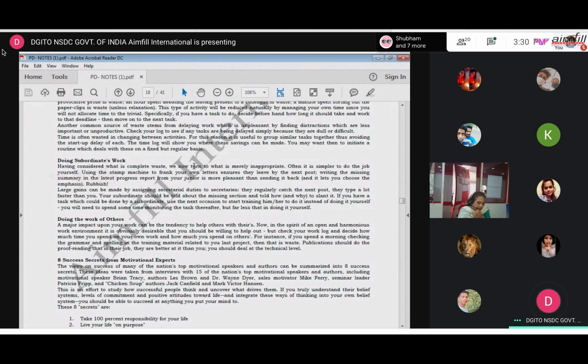It's not e-stamp, e-stamp is different. Franking your own letters ensures they leave by next post.